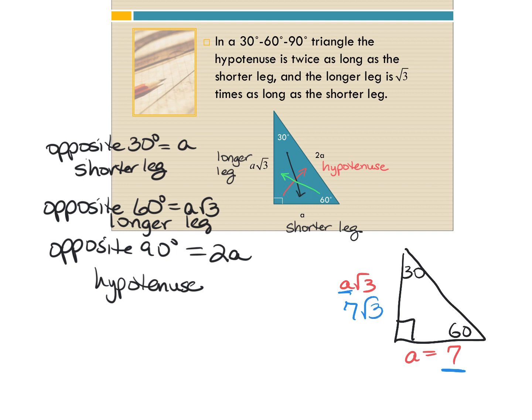And then the hypotenuse is going to be 2 times A. So if A was 7, 2 times 7, my hypotenuse is 14. This will be the given, and then from there, you're going to be able to find the other sides. So they're going to give you some angle measures and one of the sides. And then from there, you can find the other two.